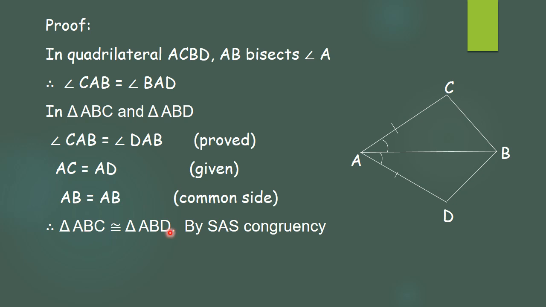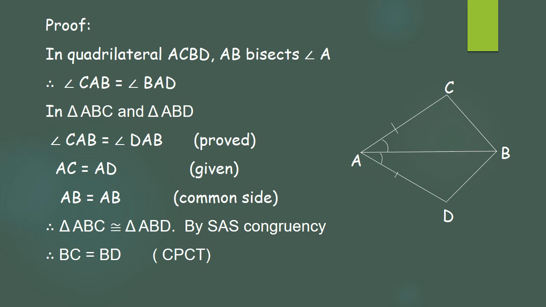So BC is a part and BD is a part of the congruent triangles. And so we can write BC is equal to BD. And the reason is written as CPCT, corresponding parts of congruent triangles. So first the triangles are congruent, so their corresponding parts will be congruent and so BC will be equal to BD.